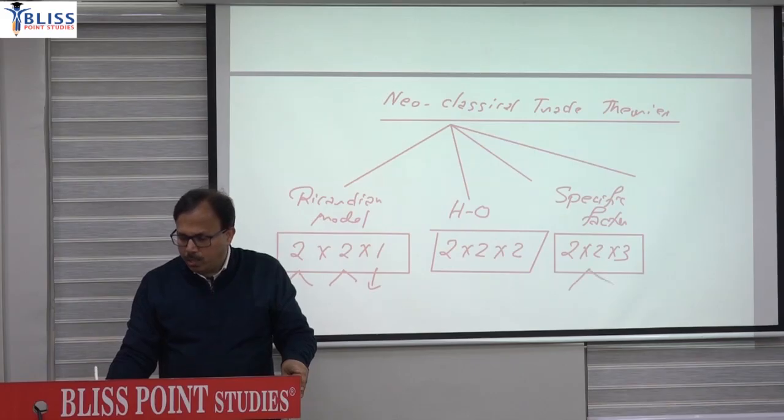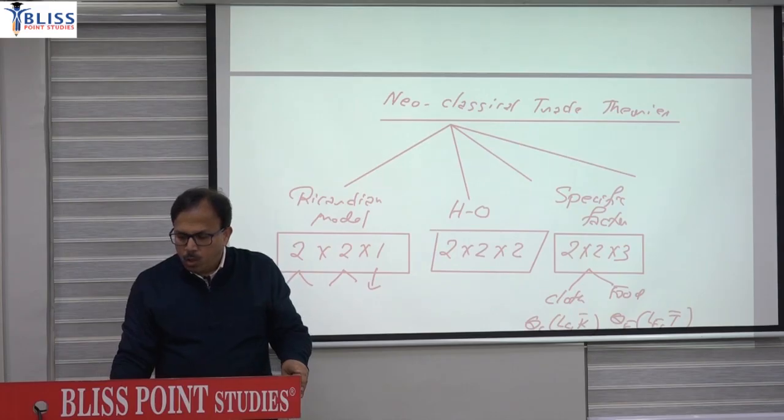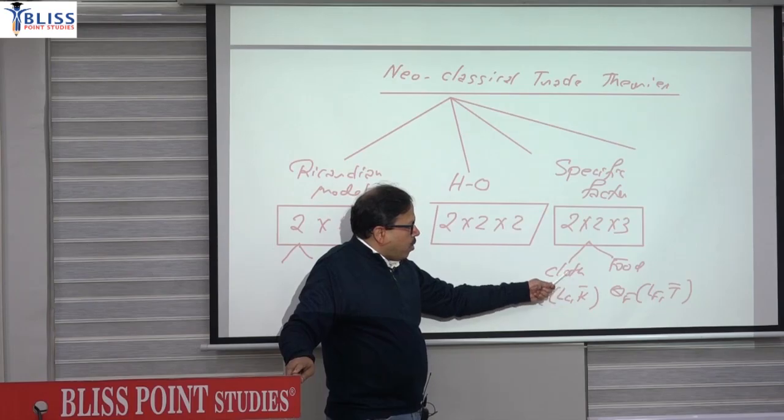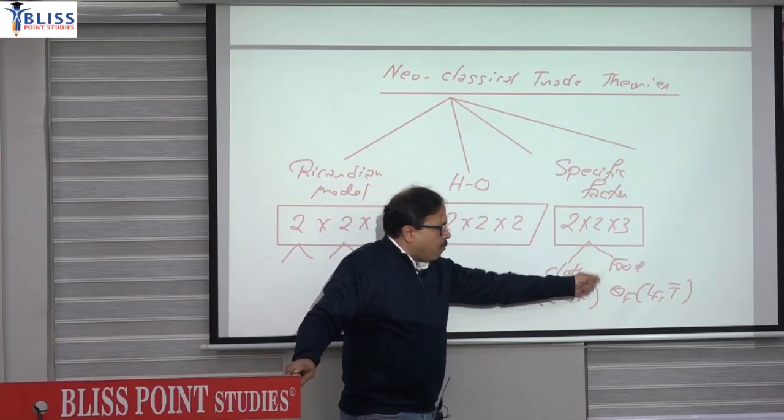If there are two products, say one product is cloth. So quantity of cloth is a function of labor used in cloth and capital, and quantity of food is a function of labor used in food and land. So what you can find is that capital is specific for cloth and land is specific for food.